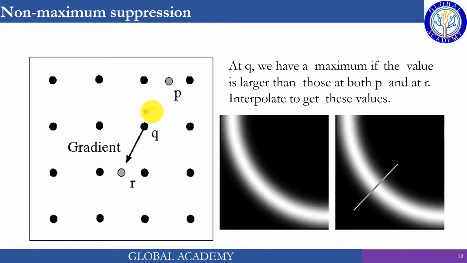So here is an example. We have a set of 4 by 4 pixels, and we are centered right now at point Q, and this is the direction of the gradient at pixel Q, and this is the magnitude as well. So this magnitude could be a lesser value.